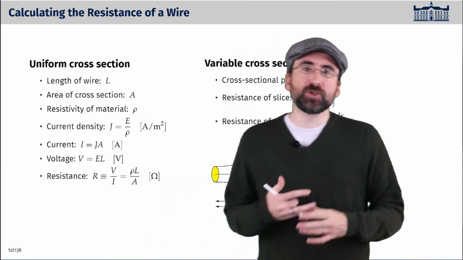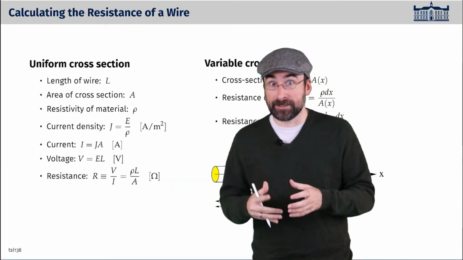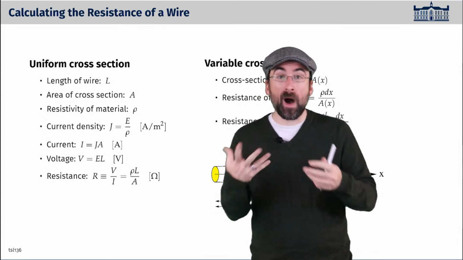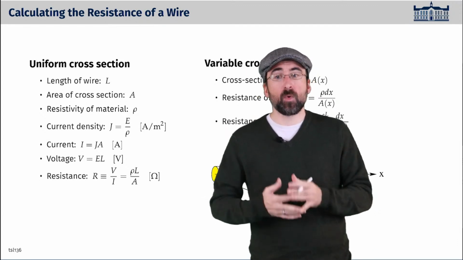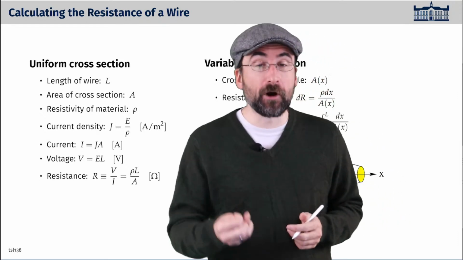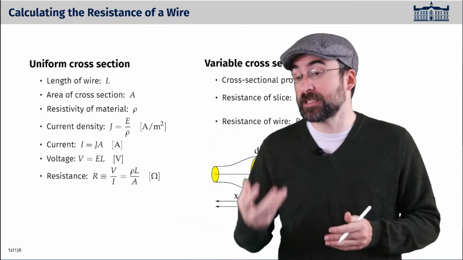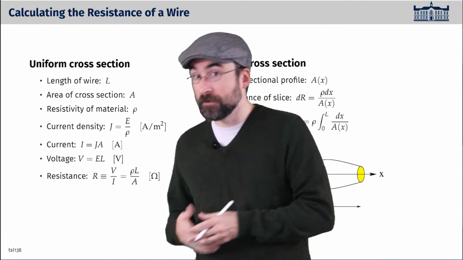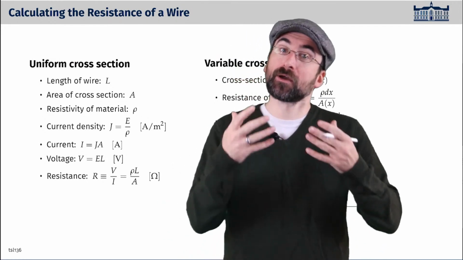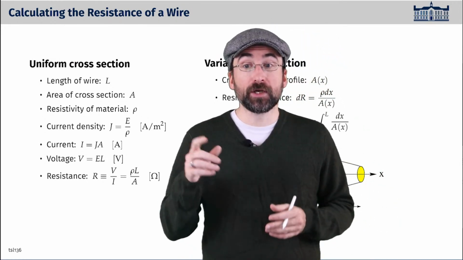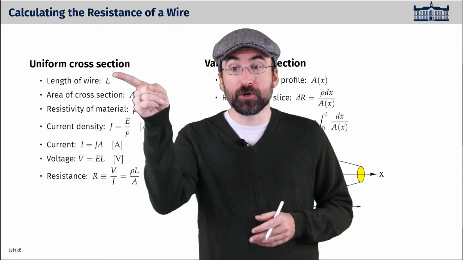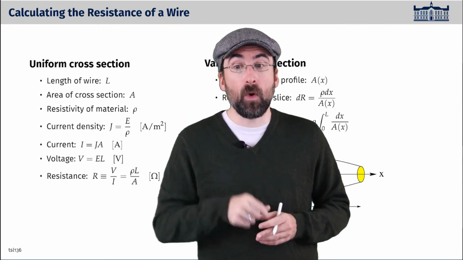Now, if we wanted to actually calculate the resistance of a specific device, say I have a wire or a resistor, and I want to calculate its resistance, I can do so from the resistivity of the material that I make that device out of. For example, most household wiring is made out of copper. And so I would go find the resistivity of copper. I would measure the length and area of my wire.